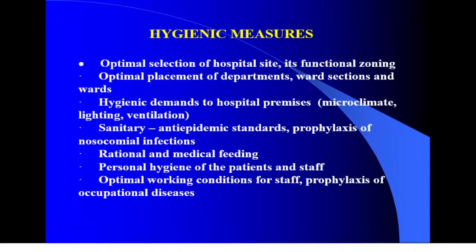And now, what do hygienic measures mean? Hygienic measures include optimal selection of the hospital site, its correct functional zoning, optimal placement of departments, of ward sections and wards, hygienic demands to hospital premises, elaboration of standards for microclimate, light, and ventilation in the hospital premises, elaboration of anti-epidemic standards and prophylaxis of nosocomial infections.